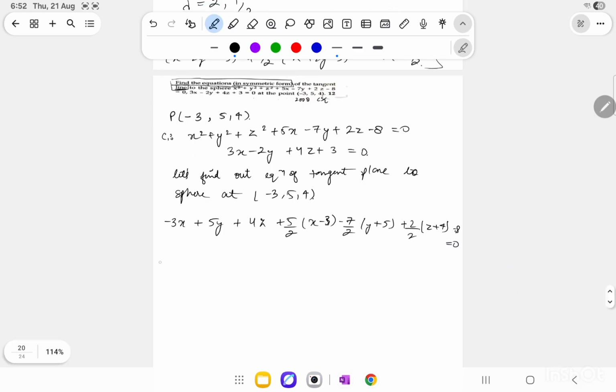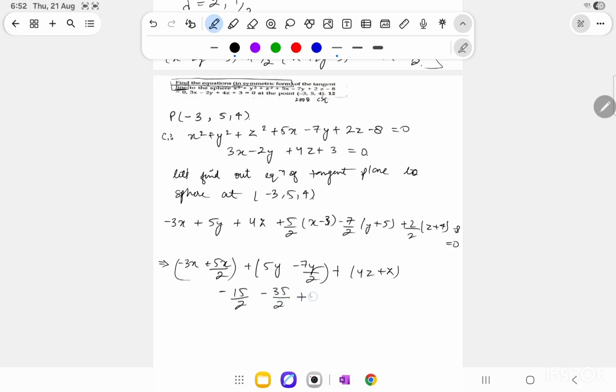If I simplify it, I will get minus 3x plus 5x by 2 plus 5y minus 7y by 2 plus 4z plus z minus 15 by 2 minus 35 by 2 plus 4 minus 8 equals 0.